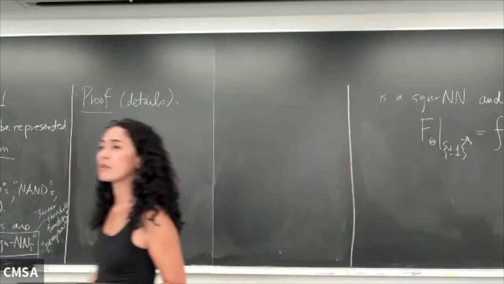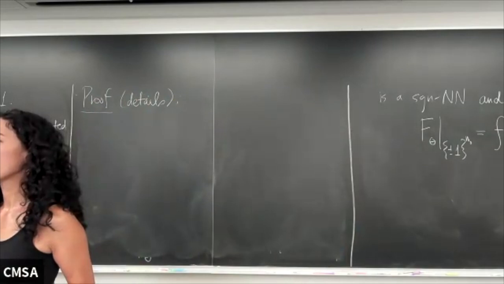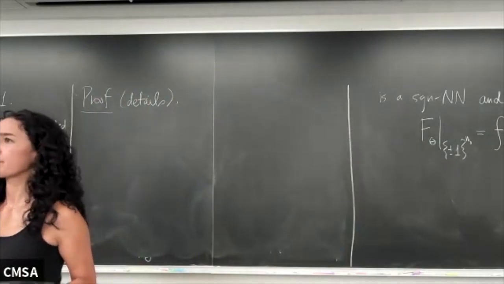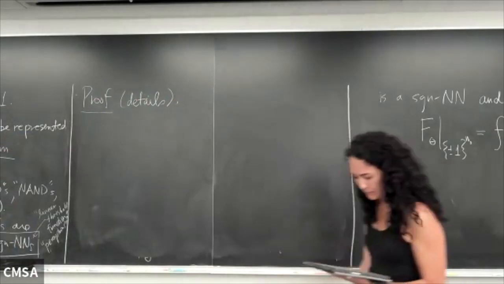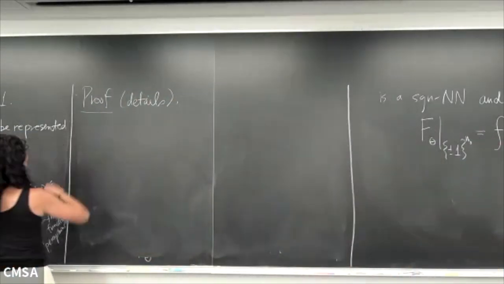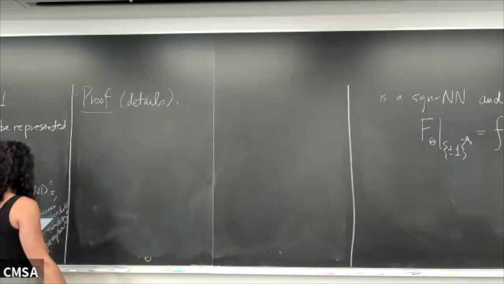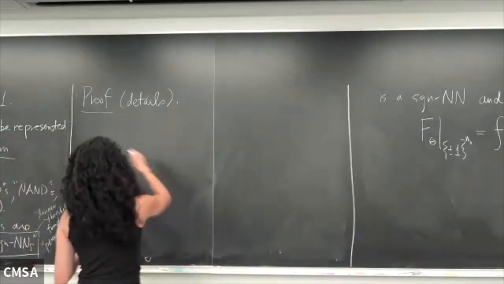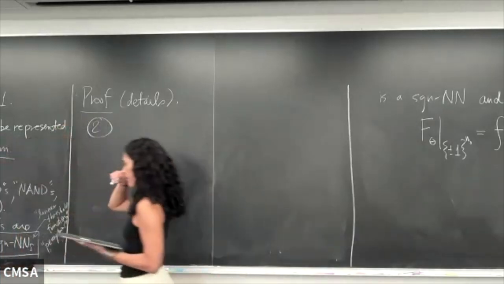So a sine neural network is the same as a neural network with an activation function with the step function. Exactly. So let's start with the second part.